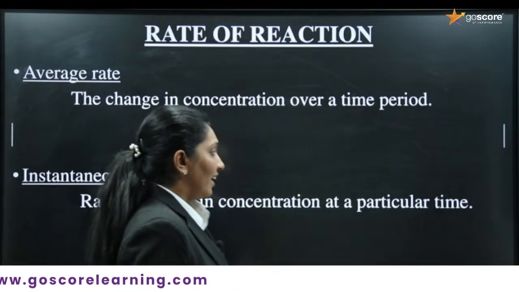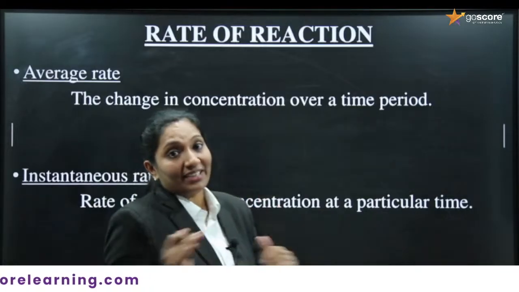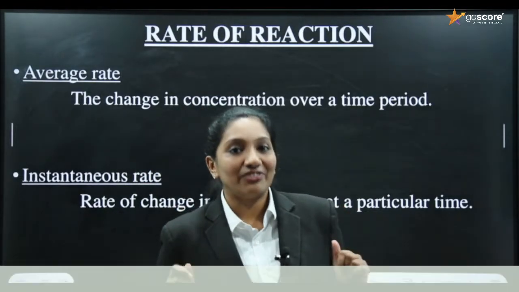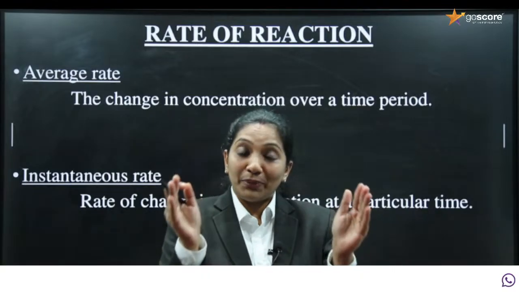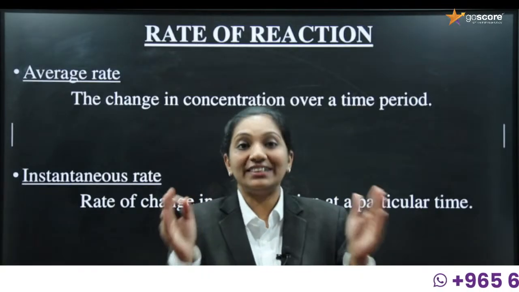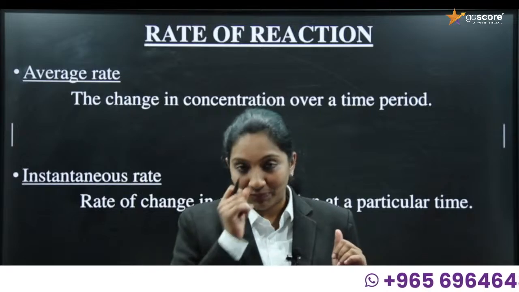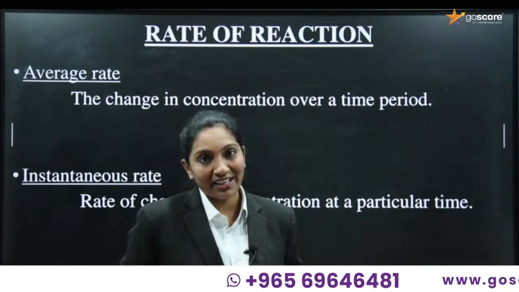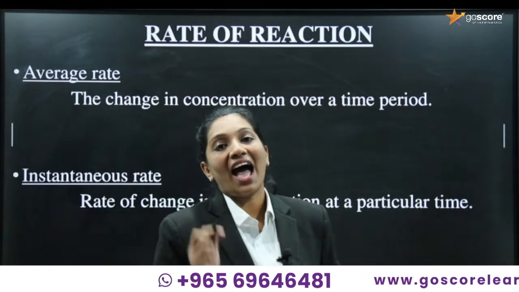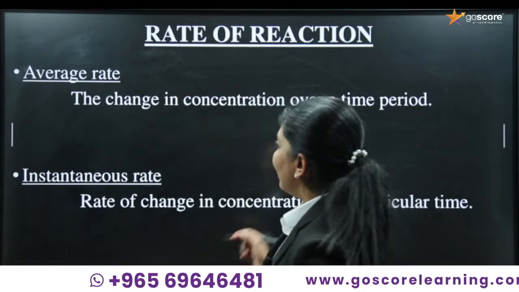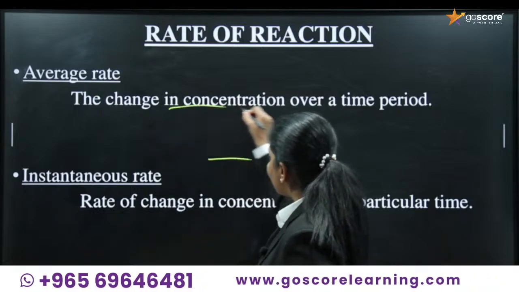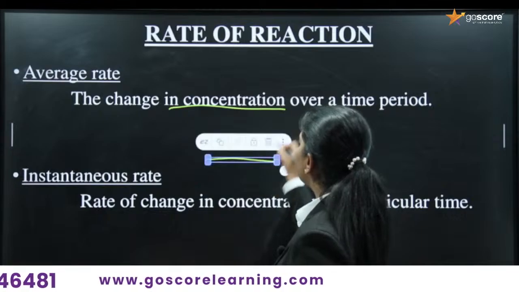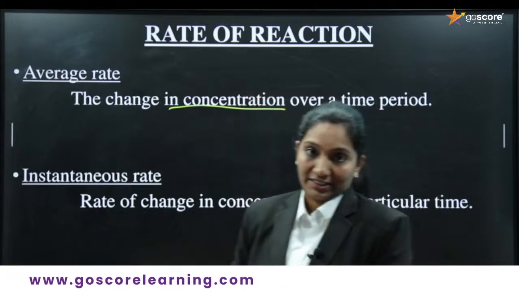Same like that, during a chemical reaction, we will find out the average rate of a reaction for a period of time, for a particular time interval. During that particular time interval, what is the speed of the reaction? That is the average rate of a reaction. That is, the change in concentration over a time period is what we call the average rate.